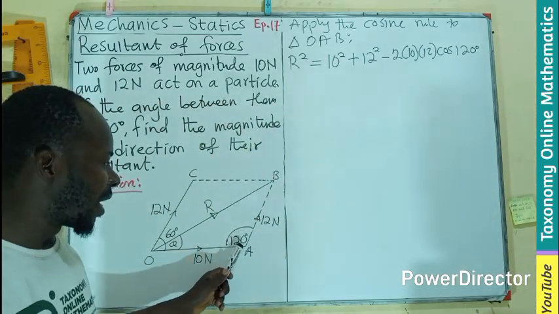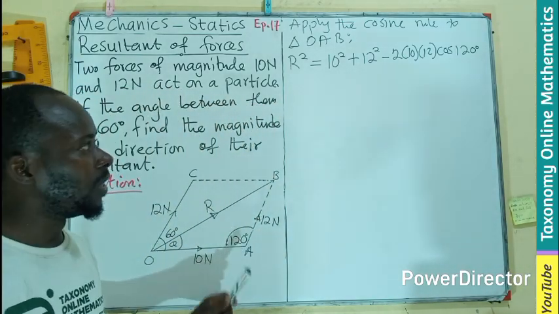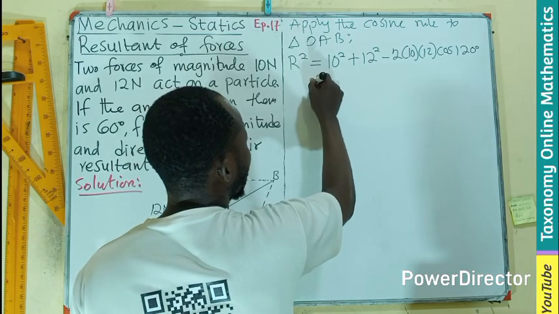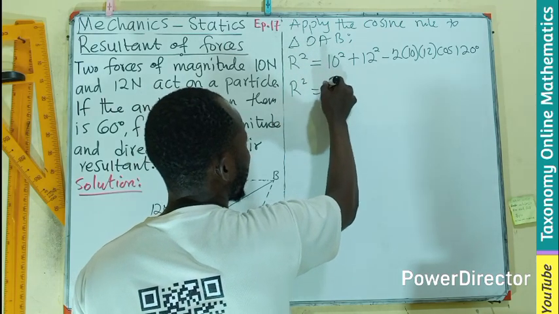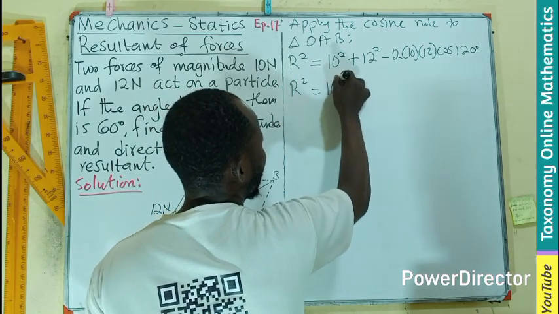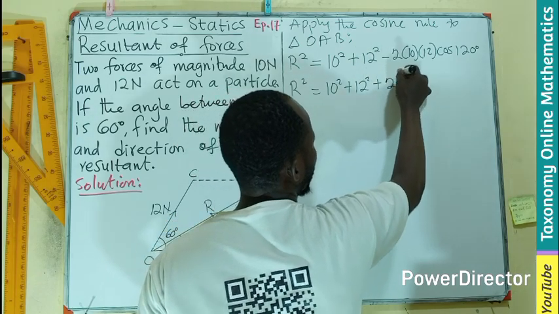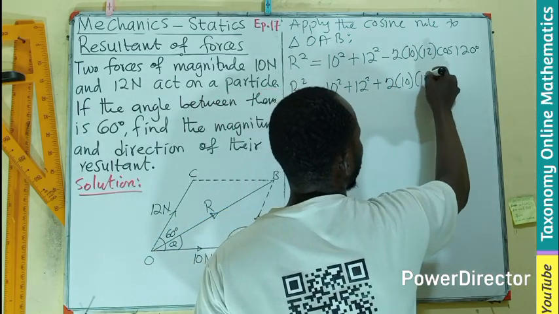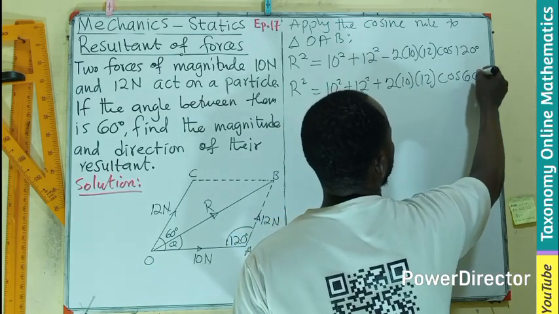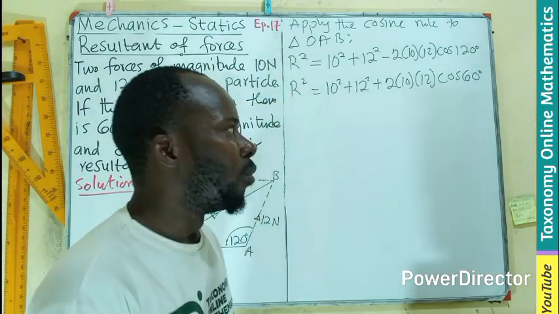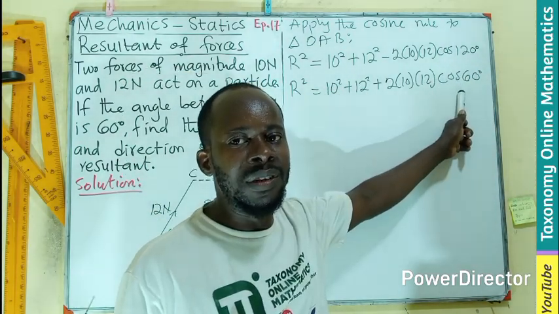And 180 minus theta is giving us what? 120. Remember what it means? It means that your R square equals, okay, let me still maintain 10 square, 12 square. This becomes plus 2 times 10 times 12 cos what? 60 degrees. We move away from the 120 and come to 60.